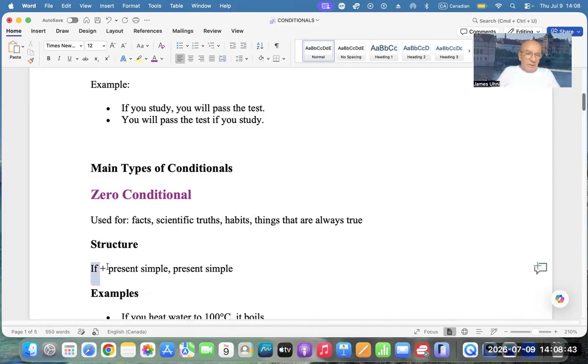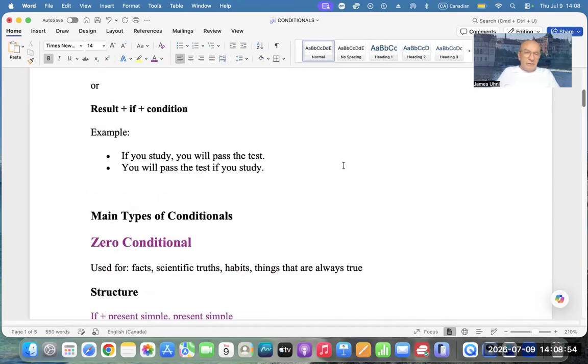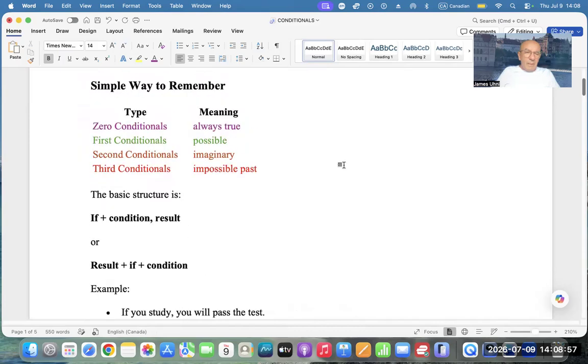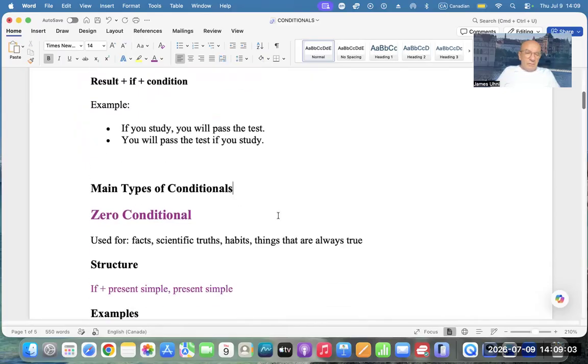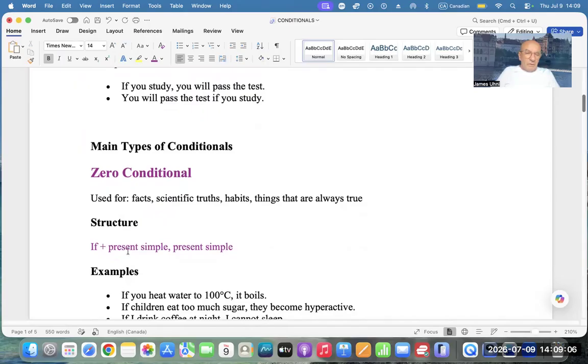If plus present simple, comma, present simple. So let's say always true, if condition result. So we have if condition result. So let me write it this way.